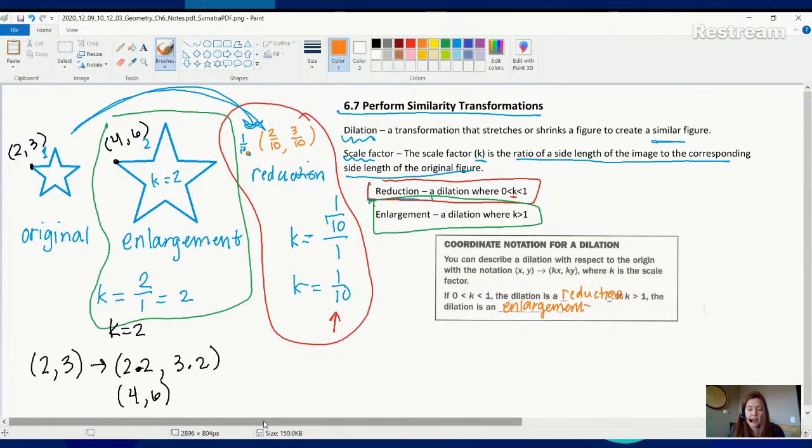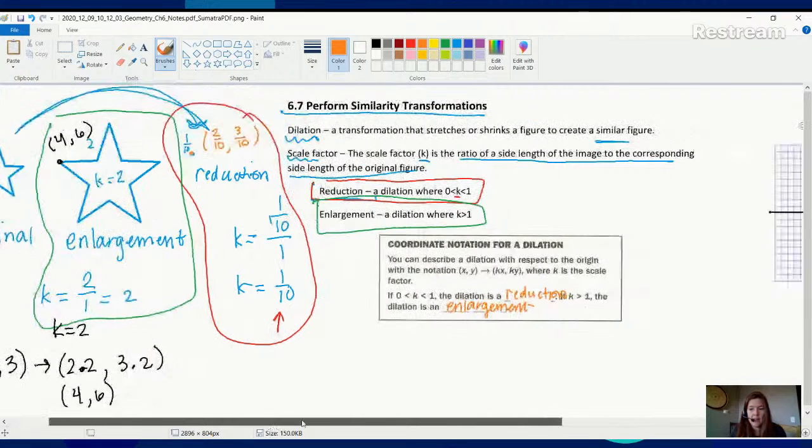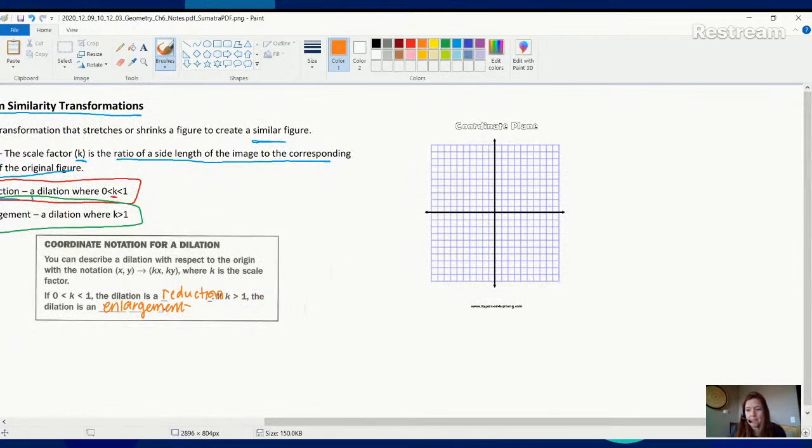And then the scale factor is k, and that describes the ratio of the side length of the image to the original figure. So I have over here a little coordinate plane, and I just wanted to do one problem with you just to make sure that you would understand what we're doing. It's actually the first problem in your homework for 6.7.